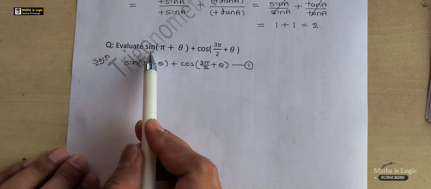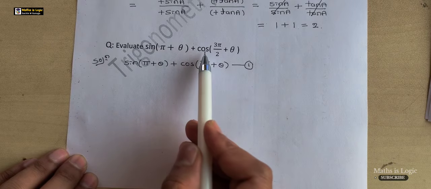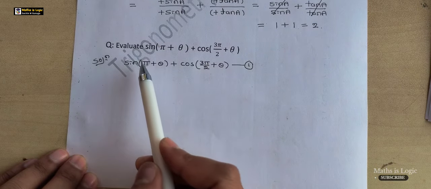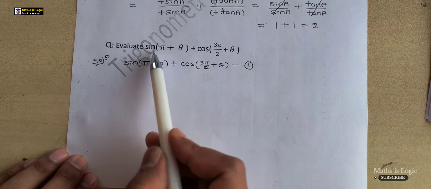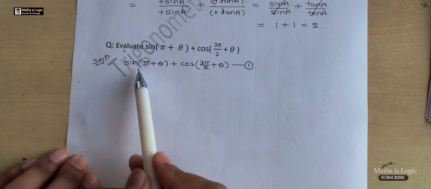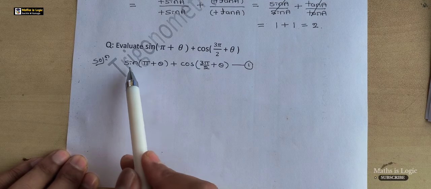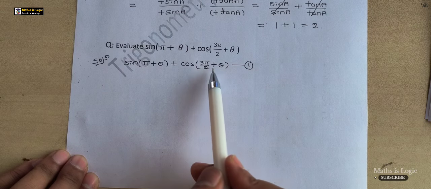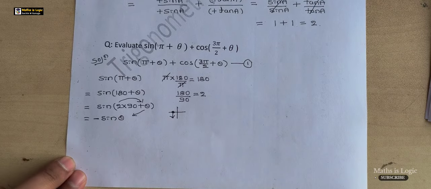Next, evaluate sine pi plus theta plus cos 3 pi by 2 plus theta. So if you want to find out this value, call this expression equation number 1. Now individually find sine pi plus theta value and cos 3 pi by 2 plus theta value.